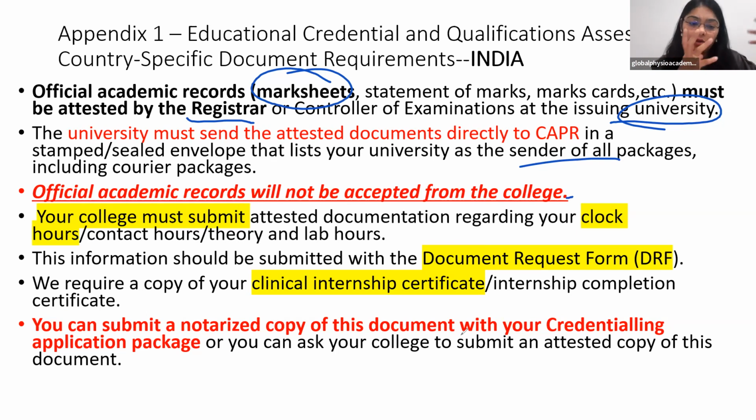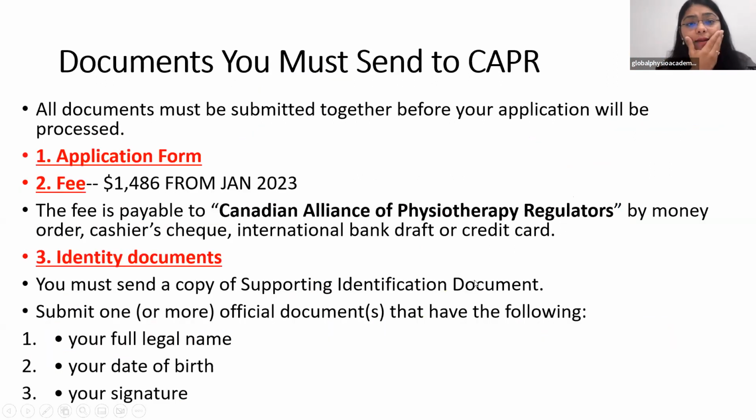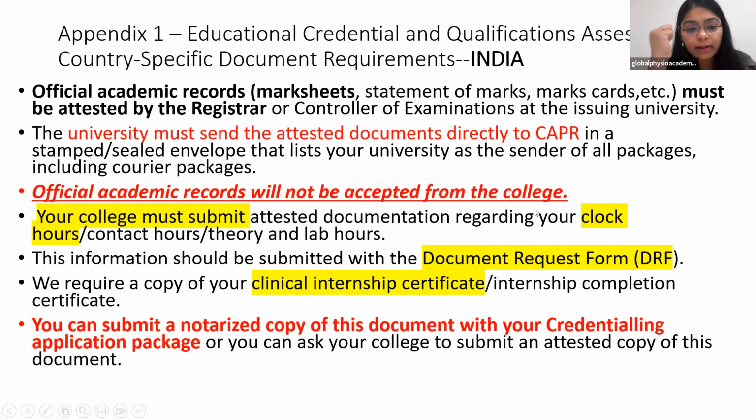If you want, you just notarize and submit it in your application package. The college has to submit the document request form, clinical hours, and internship certificate, and the transcript, I forgot that word. The transcript is also from the college. Clear? Any question?